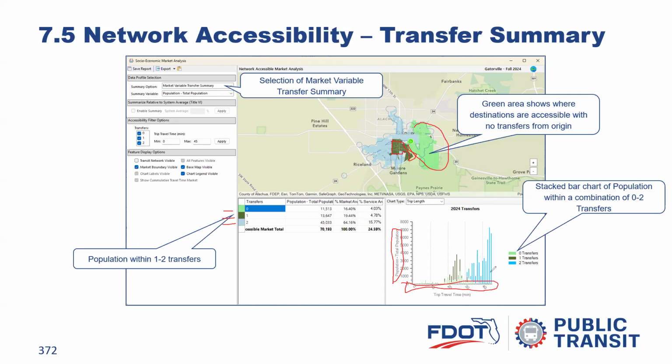And it's showing us our markets by color code: 0 transfers is the light green, olive green for 1 transfer, and light blue for 2. So we can see how they're stacking up in each trip travel time increment, right? So it's kind of a unique look at how the destination accessibility is looking and also relative to the number of transfers that it takes to get there.